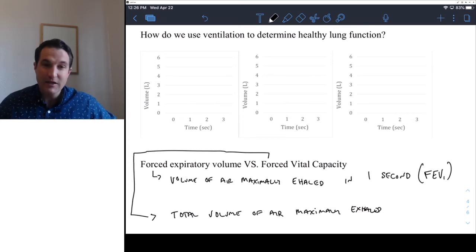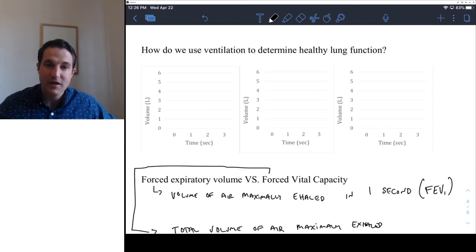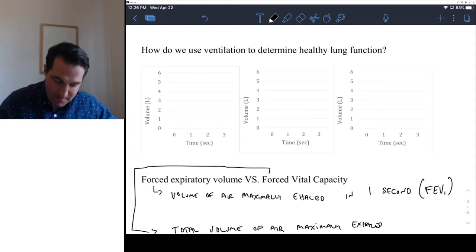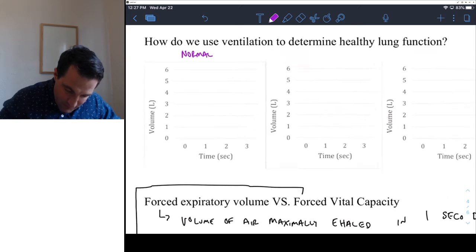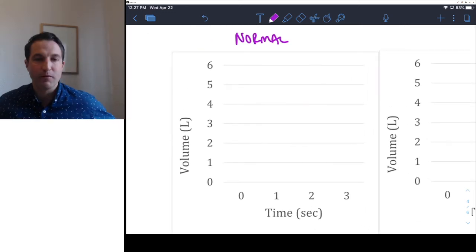Okay, so let's see how these normally look if we were to graph these. Now, we've done our maximal inhalation and we know our normal amount of air that we have in our lungs after a max inhalation. Okay, this is normal. Let's zoom in so we can see this a little more clearly.